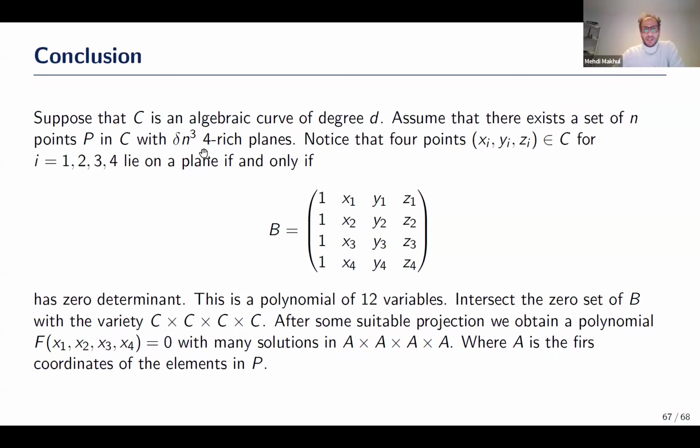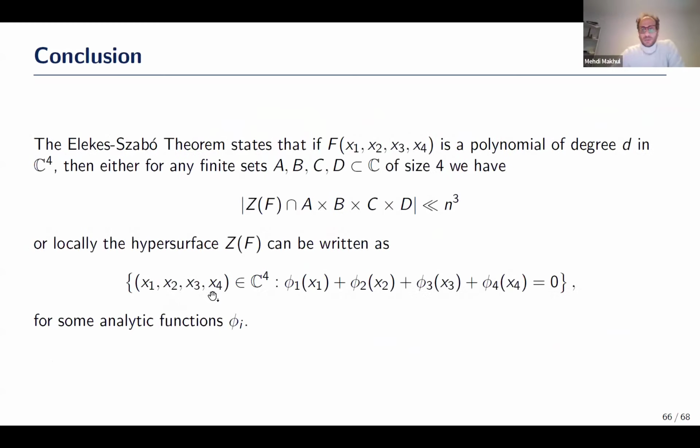And because we have too many three-rich lines, if I consider the first coordinate of each of these points appearing in these planes, and we call this set A, then one can see that the zero set of F intersects this Cartesian product in too many points. Therefore, by this result, we conclude that there exists a group structure on the curve. And because we have a group structure, it means we have a regular web. And since we have a regular web, we conclude that the curve must be of degree d plus 1 and also of the first species.